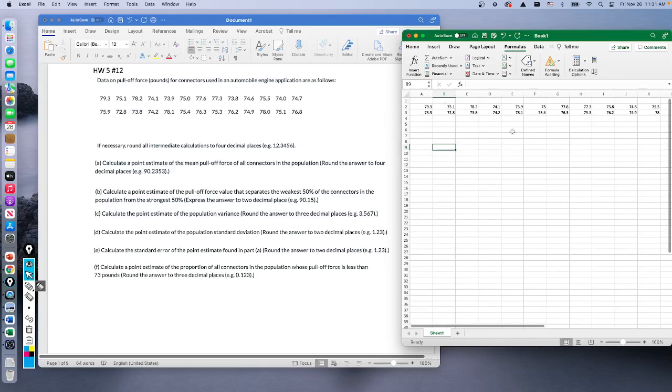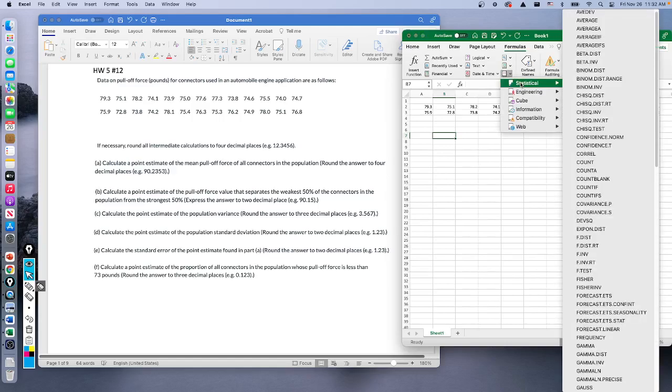So I've copied the data from Wiley Plus into an Excel sheet. It took me a little bit to get it, but I was able to copy it. You can also enter them in. And what we need to do here is find the mean or the average.